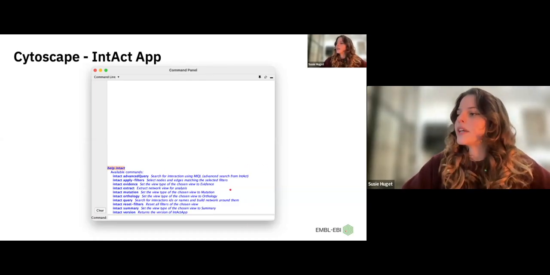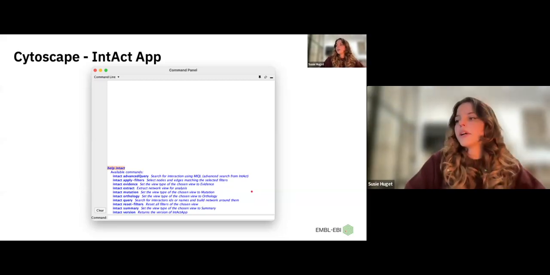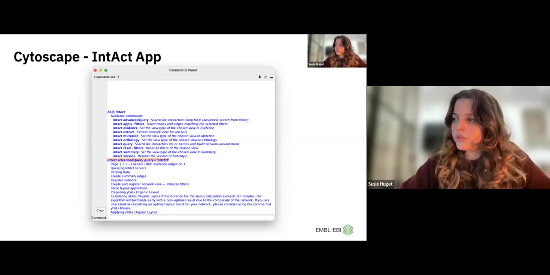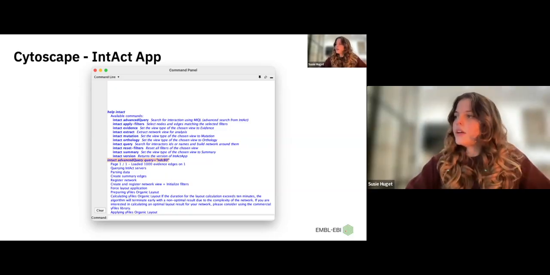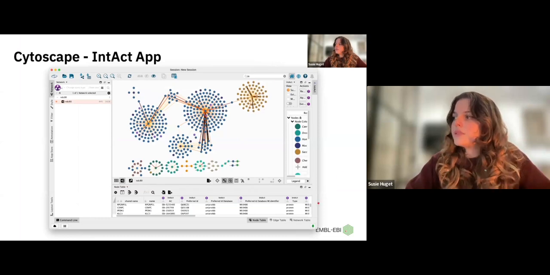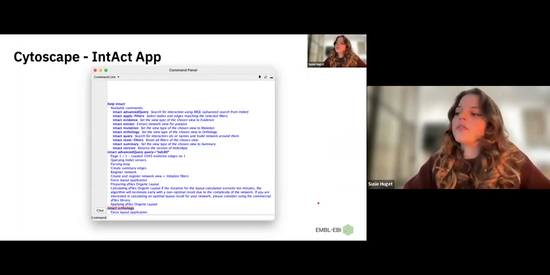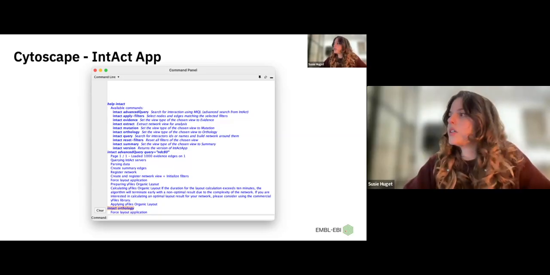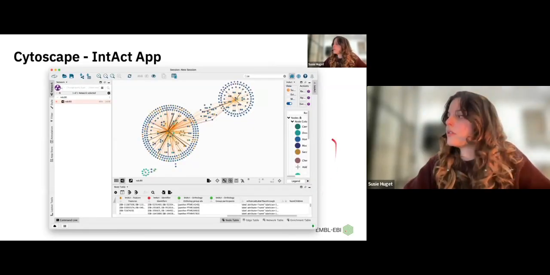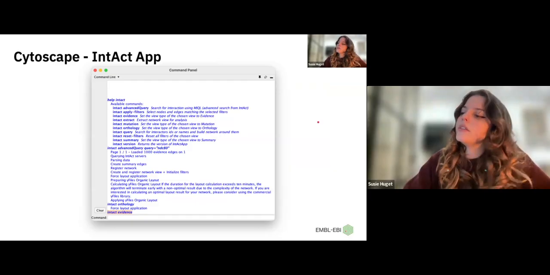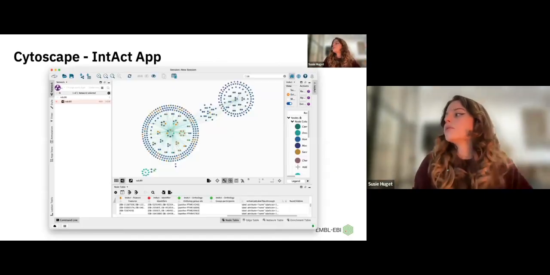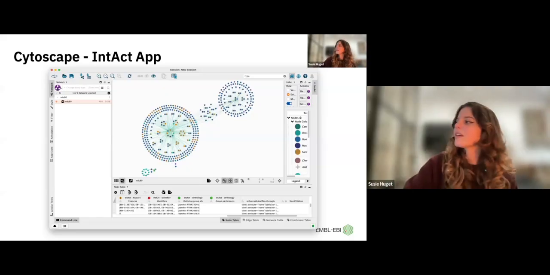For example, if I want to do an advanced query, I will just have to type IntAct advanced query equals, and in between quotes, what you want to look for. And it will generate the network. If you want to add the orthology on it, you can just type in IntAct orthology, and it will group the orthologs together. And then you can also add different views. So you can also, for example, go into evidence view.